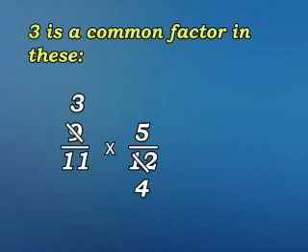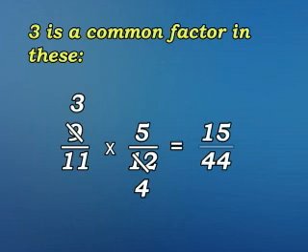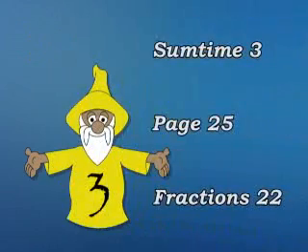Then we multiply the numerators and the denominators. 3 times 5, 15. 11 times 4, 44. So 9/11 times 5/12 make 15/44. Sometimes fractions are a little confusing.